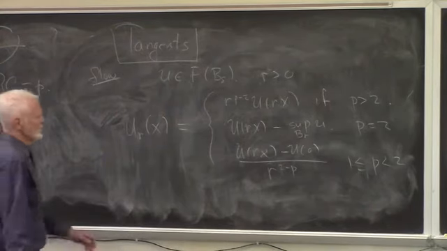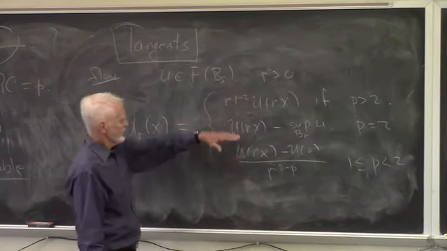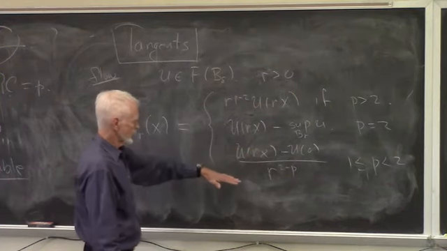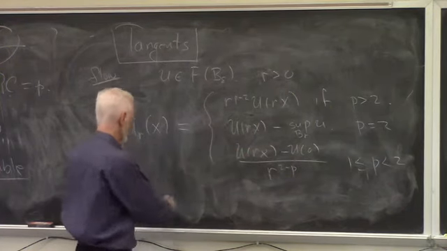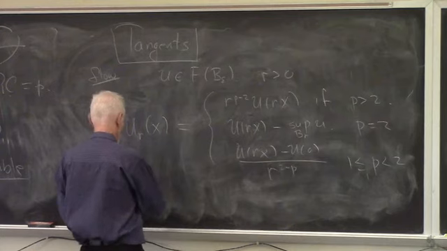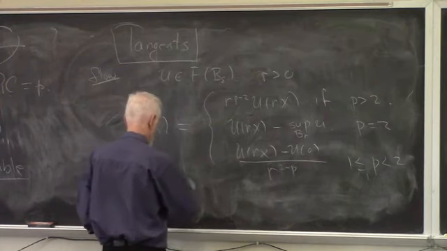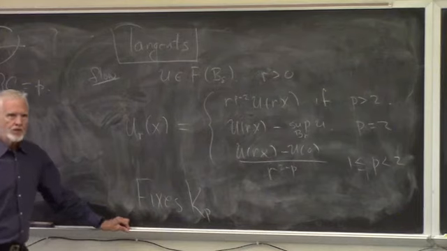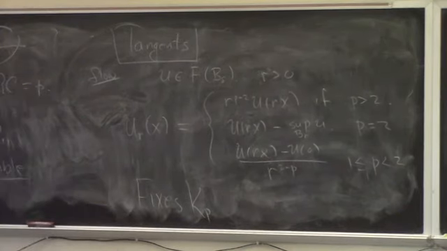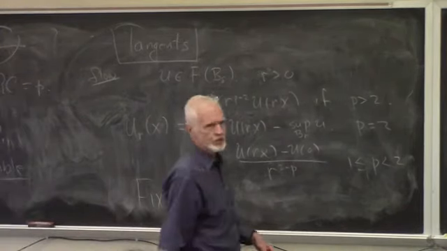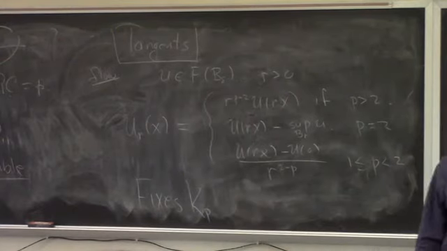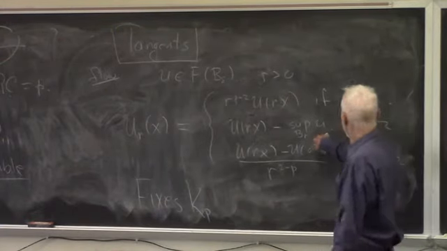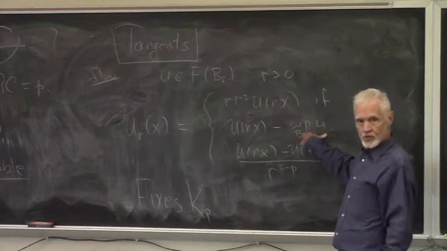Now, probably it isn't so important to know what the details are here, but what is important is that this fixes the Riesz kernel. The Riesz kernel, I've erased it, is homogeneous of degree essentially p. It's a little bit funny when you get to the log, as it always is.